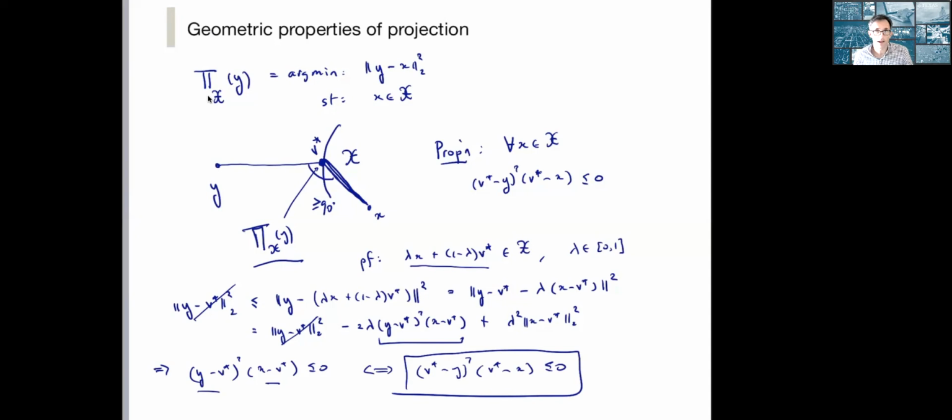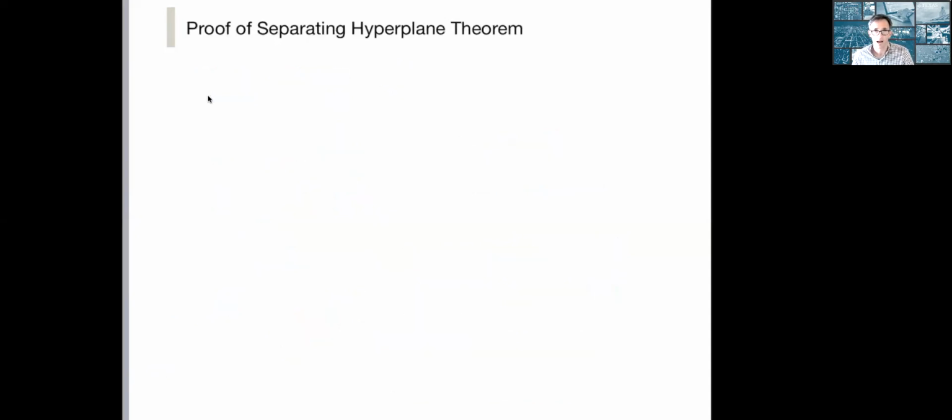And now we're finally ready to prove the separating hyperplane theorem. Let's draw our picture again. Here's y. Here's my set x, somewhere off here. Here is the point v star, or if you like, the projection of y onto x. And we can see just from this picture what we need.